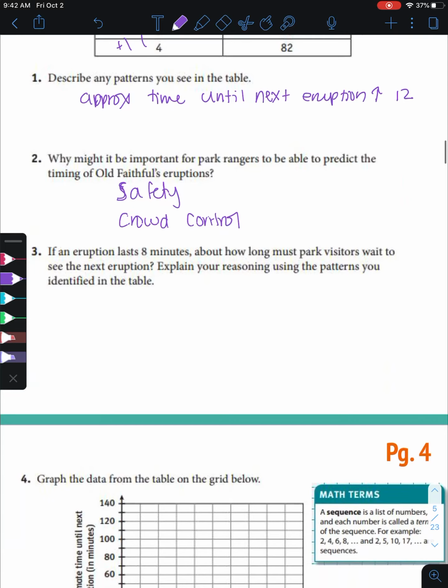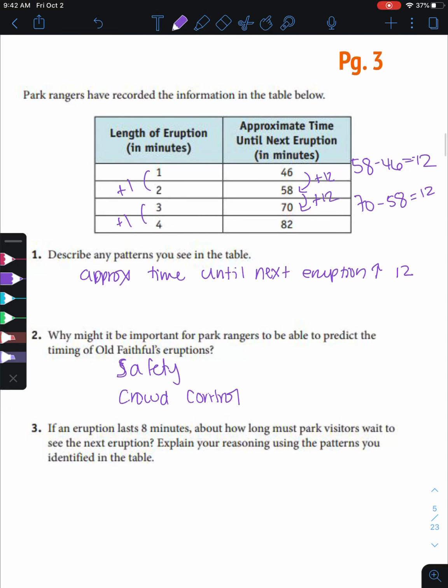All right, number 3. If an eruption lasts 8 minutes, how long must park visitors wait to see the next eruption? Explain your reasoning using the patterns you identified in the table. Okay, so if I look at the length of an eruption, it only goes up to 4. So I need to extend my table so that I can get to 8 minutes.